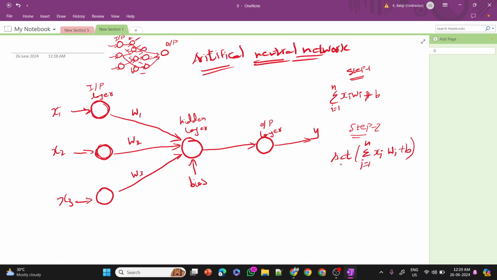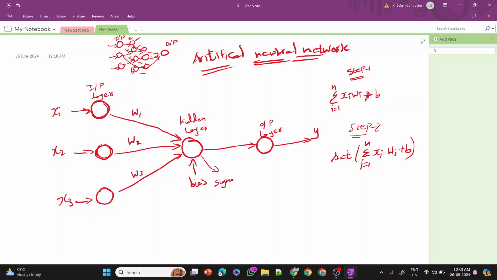Now, after applying this activation function, it will define whether the neuron should activate or not. Here we are using the sigmoid function.